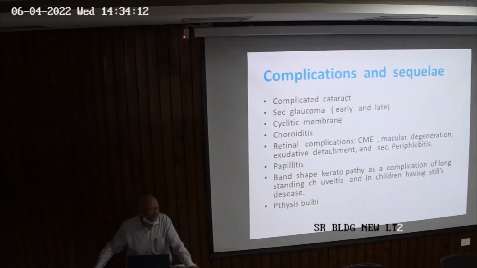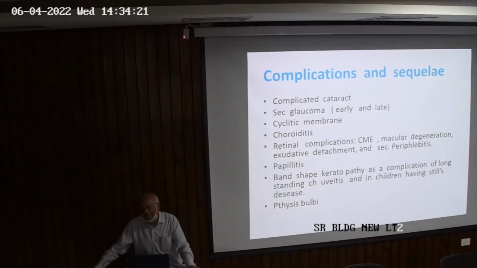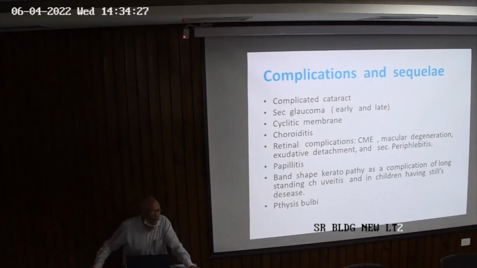Early is whenever the cells and flares are occurring, they clog the trabecular meshwork, and some trabeculitis is also there. That hampers and obstructs the drainage, causing the glaucoma. That is called early glaucoma.